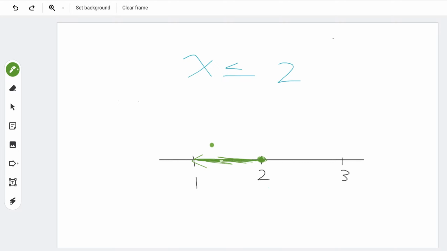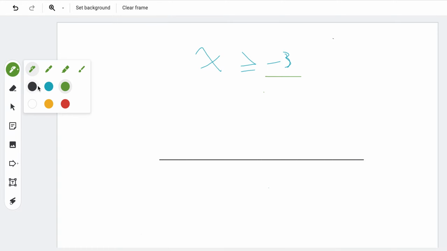This time the number line is going to have a negative value, and in negative values, you have to be a little bit careful. In this question, we have x is greater or equal to negative 3. To start off, we put a value of negative 3 right in the middle, and then the 2 values surrounding it.